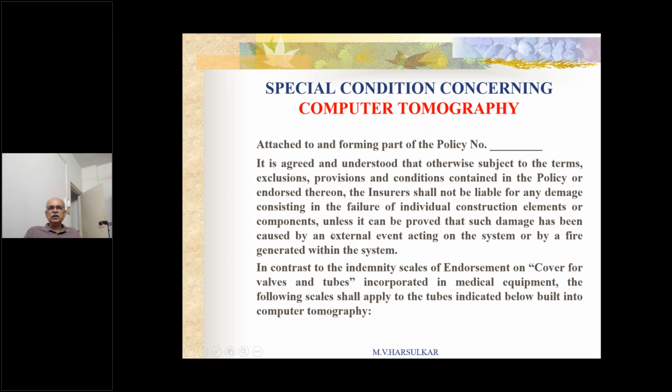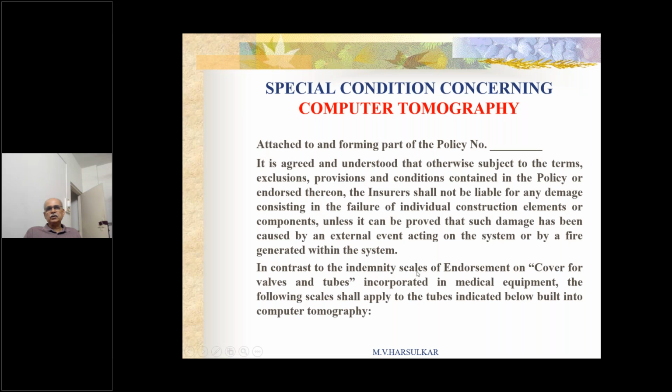So it has to be an external event or fire generated within the system. So internal breakdowns or such things are not covered. So it has to be due to an external event acting on the system or by fire, internal fire and external event causing the damages.